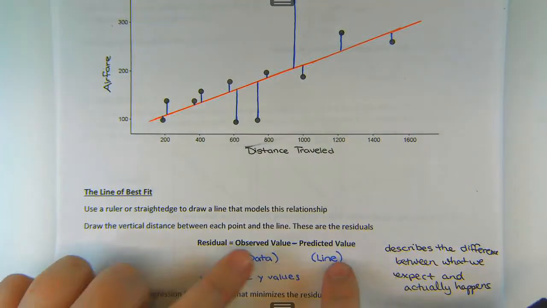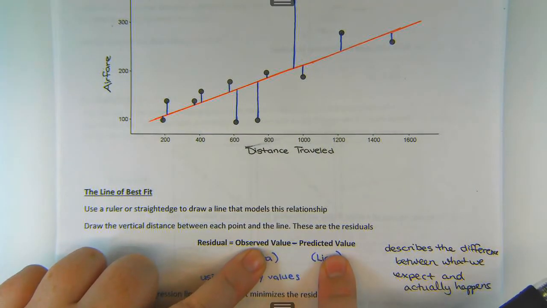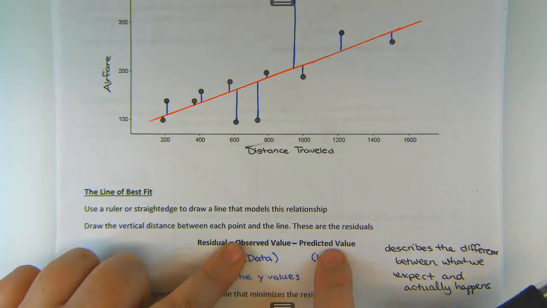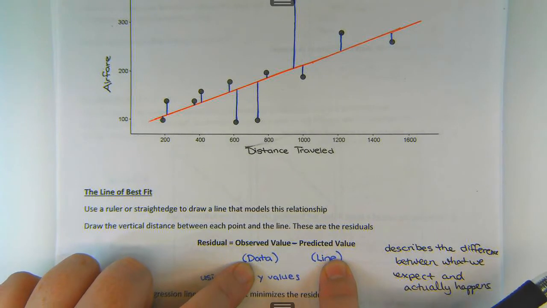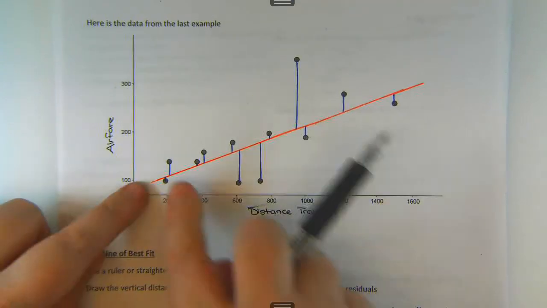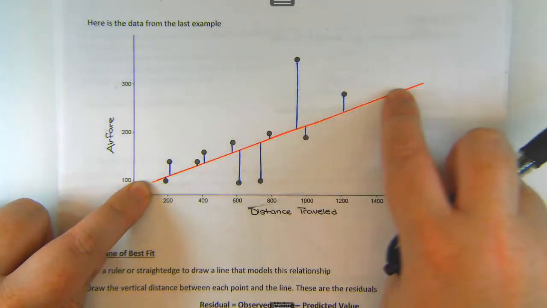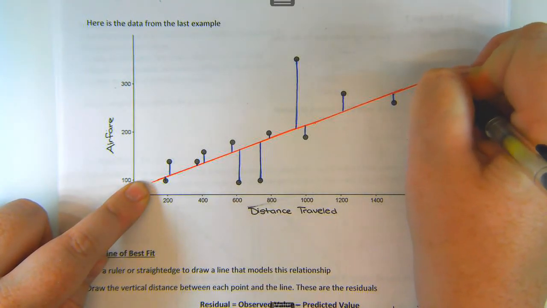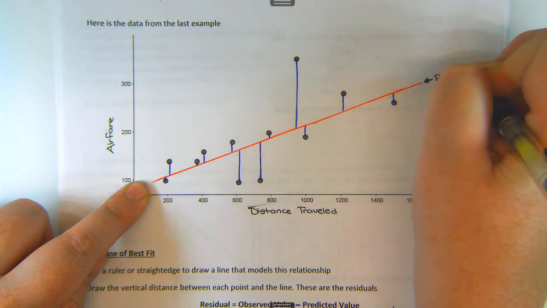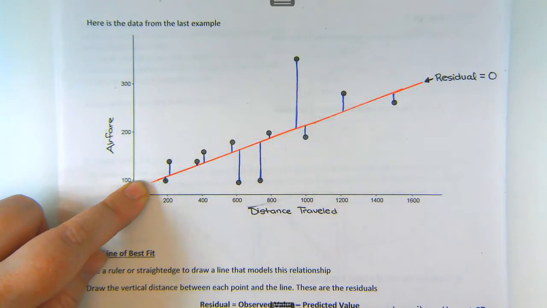Well, if we get 0 out, that means these values have to be exactly the same. What we observed is the same as what's predicted. Or in terms of what we talked about, the point that we're seeing is exactly the same as the line. So if we have a point landing on the line, we're going to see a residual equal to 0.